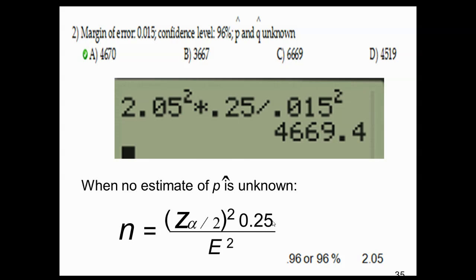We're using 0.5 for each of them, divided by the error squared. I'm making sure that I'm squaring it. I don't need any parentheses. 4,669, rounded up to the next highest whole number is 4,670. All right, that rounds up to the next highest number. No big deal.